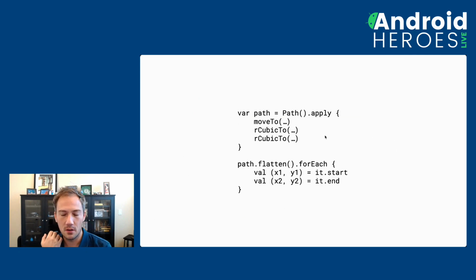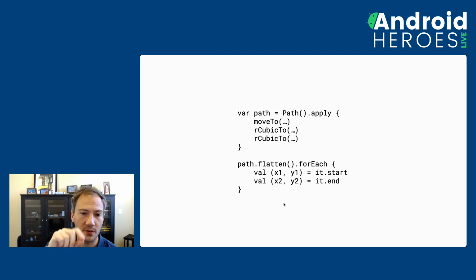Now, if you're interested in this flattening process, we have APIs on Android to do that for you. If you use our Kotlin extensions, when you create a path, you can call the flatten method. It's an extension function. You can pass the flatness that you want, and we'll return a list of lines, and you can just inspect those lines. And interestingly enough, this process is not just for rendering, right?